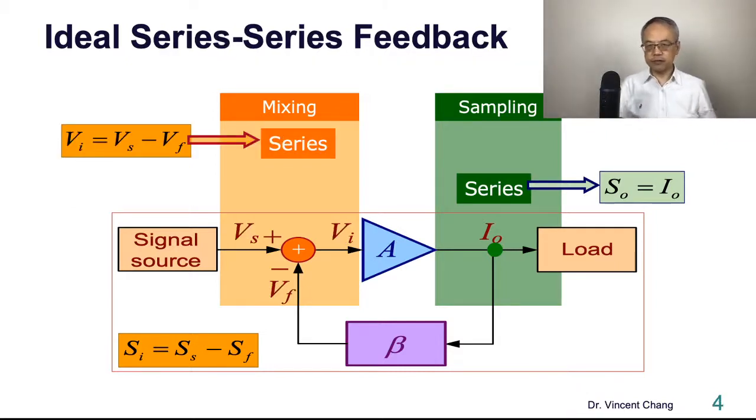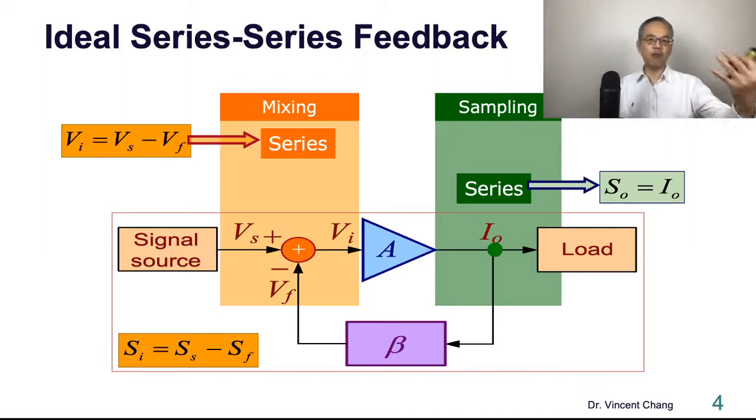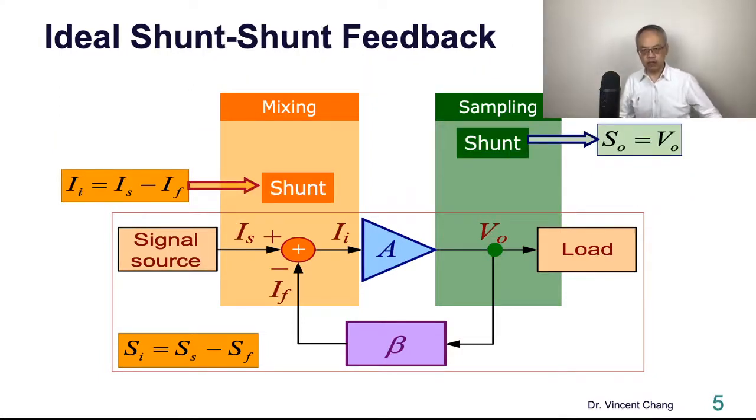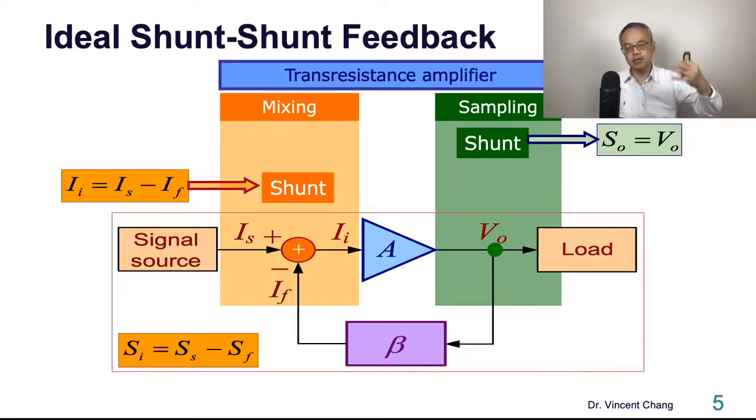The third one, the series-series feedback, so it's voltage input and current output. Transconductance amplifier. The last one, shunt mixing, shunt sampling, so it's current input and voltage output. So shunt-shunt feedback is a transresistance amplifier.